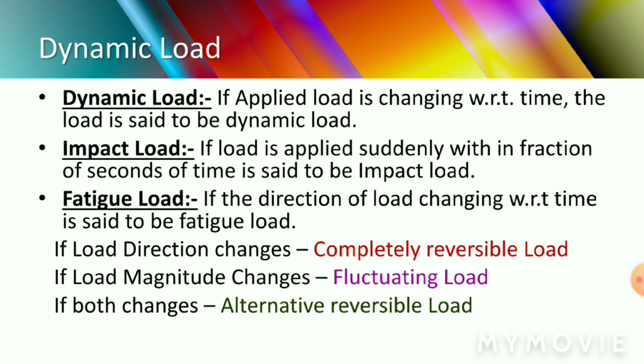Compression force is induced in the pillow, and if you go up, then the compression force is released from the pillow. This is cyclic force or fatigue load. If load direction changes, then that load is said to be completely reversible load. If load magnitude changes, then the load is said to be fatigue fluctuating load. If both direction and magnitude change, then the load is said to be alternating reversible load.